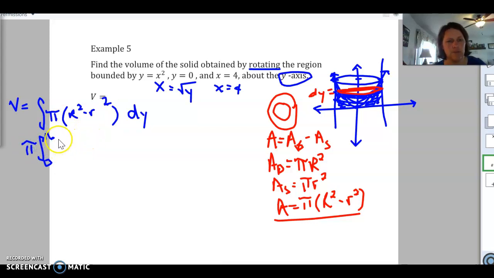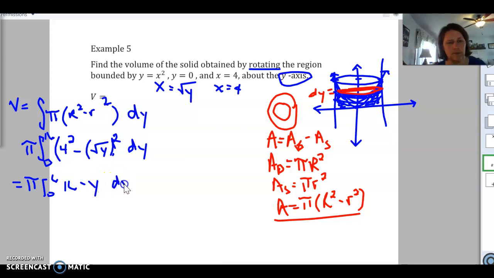And then our big R is 4 squared minus our little r is the square root of y squared, dy. So let's fix that up a little bit. Pi, 0 to 16 of 16 minus y dy. And now we're ready to integrate.